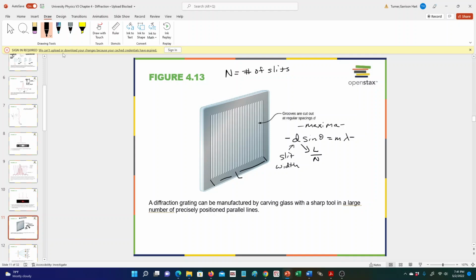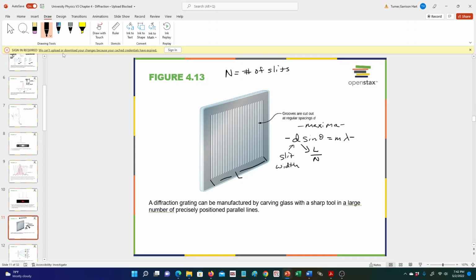Now, there's really not a formula that we use for the minima, because the minima are so wide and the maxima are effectively lines, very thin lines. So what you can do, though, if you're so inclined, would be to use this formula to calculate where the maxima are, and then just take the difference between those to calculate the width of your minima, right? That's usually how it's done.